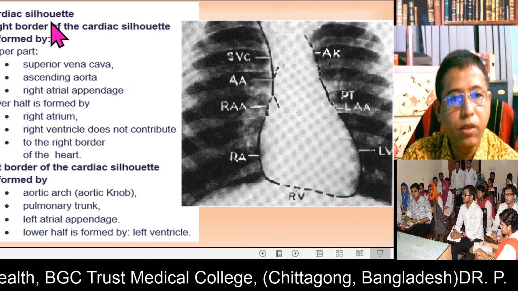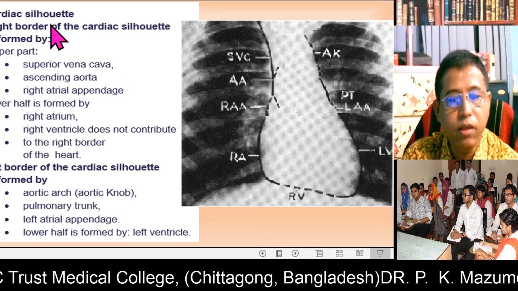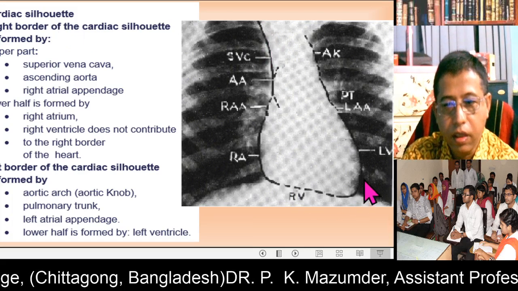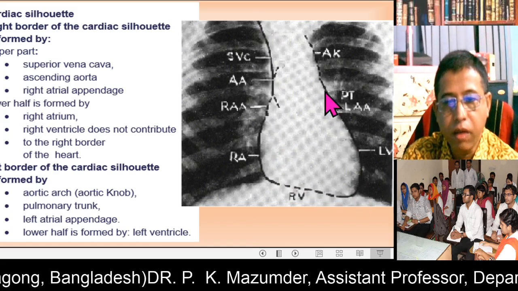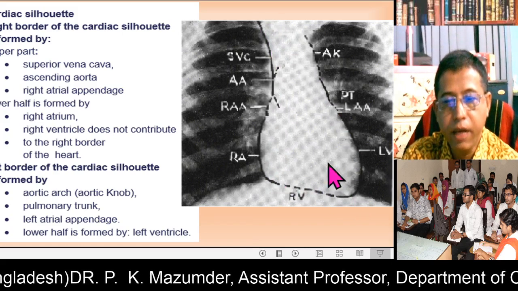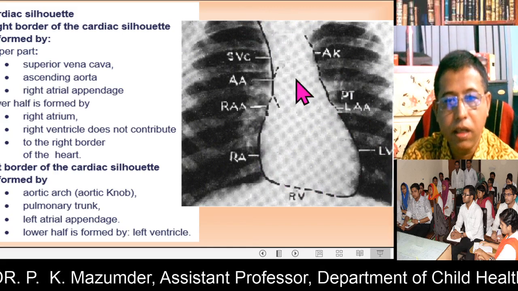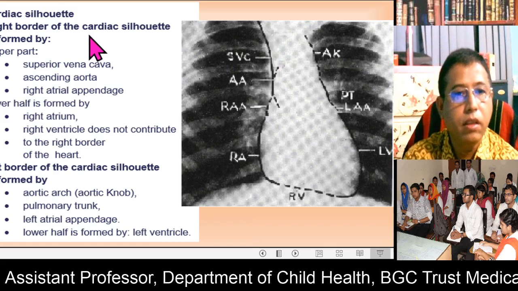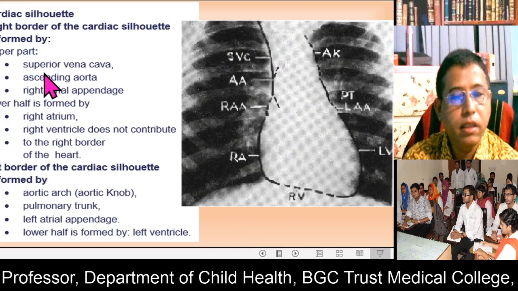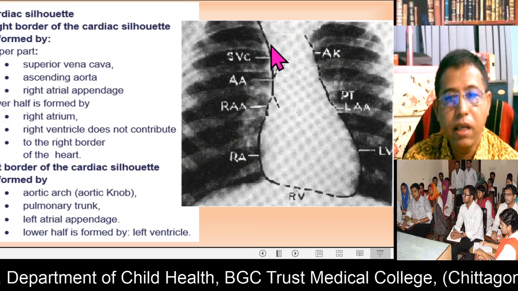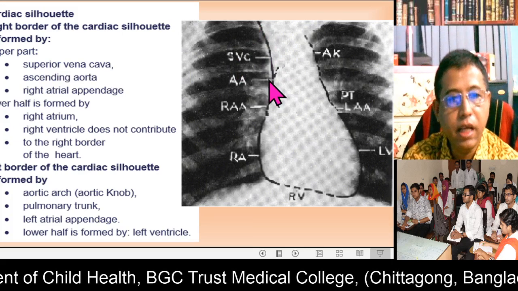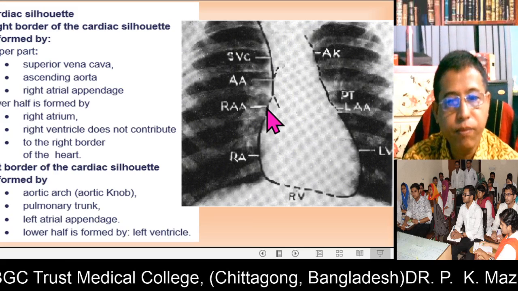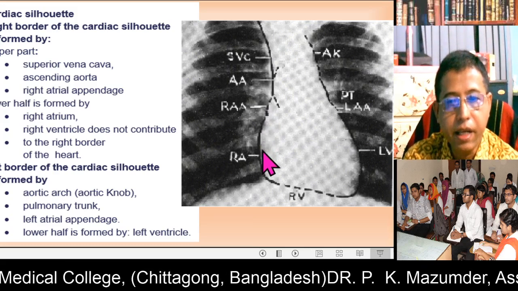Now cardiac silhouette: radiologically, how can you determine the formation of the right wall or left wall of the heart? The right wall of the heart, upper part, is formed by the superior vena cava, ascending aorta and right atrial appendage, and the lower half is formed by the right atrium.